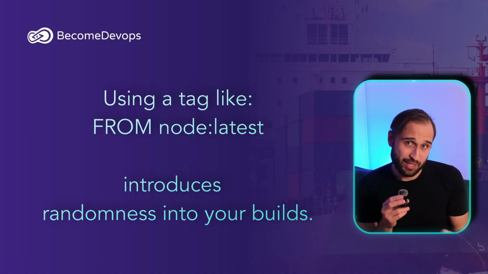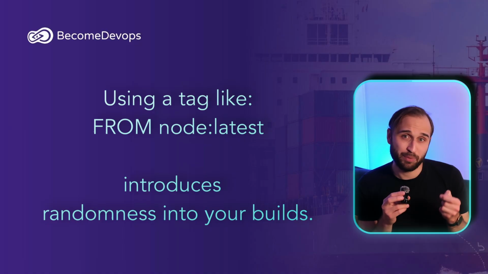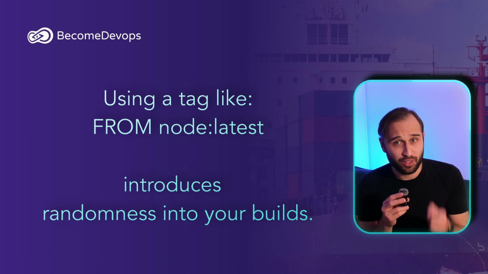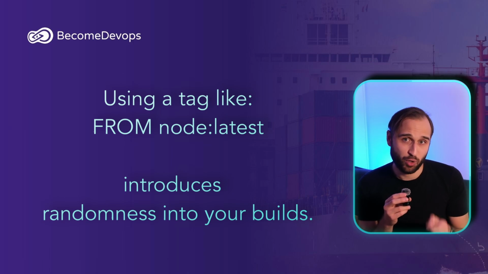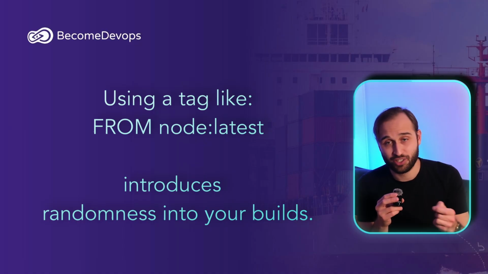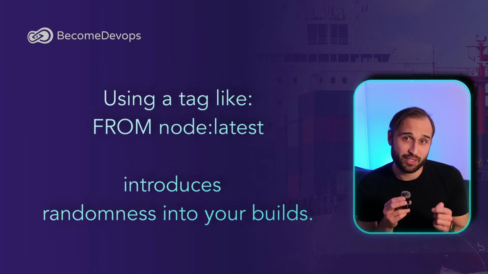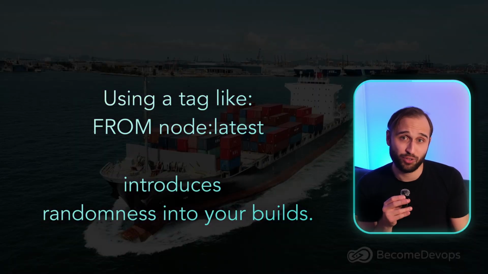This means that your Dockerfile might start behaving differently tomorrow than it does today. So even if you didn't change a single line of code, your environment can still change because the latest tag represents a different software version. And debugging this kind of thing is really not fun.